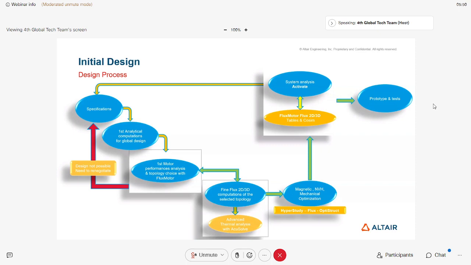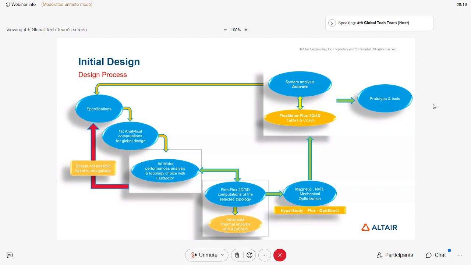Then from this specification, for sure, we have to make some first analytical computation in order to get the first parameters that we need in Flex Motor. Then when we have these first parameters, we can start with Flex Motor to study some candidates that can fit the specification.